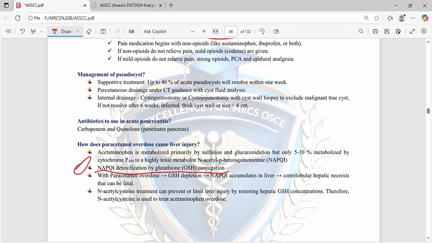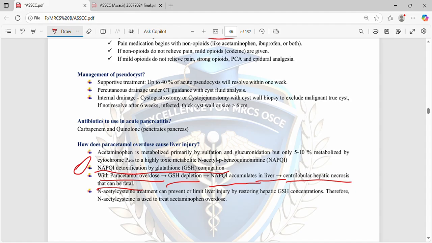So what happens with paracetamol overdose? Glutathione depletion and N-acetyl-p-benzoquinone imine accumulation in the liver cause centrilobular hepatic necrosis, which can be fatal.